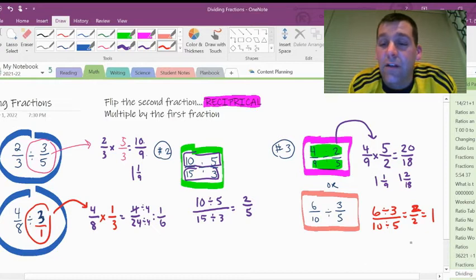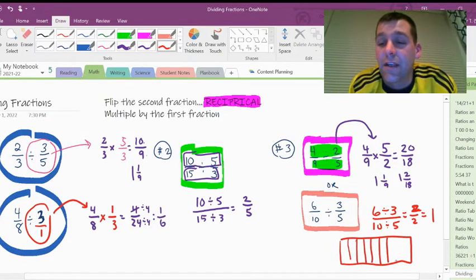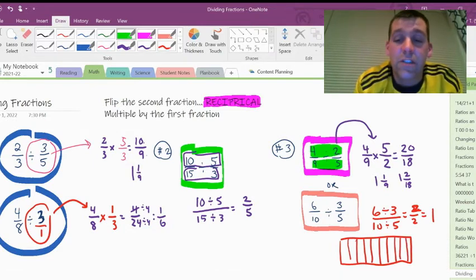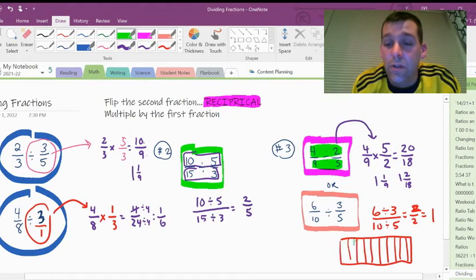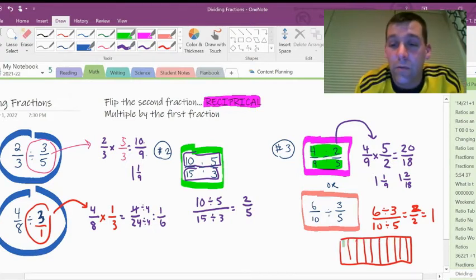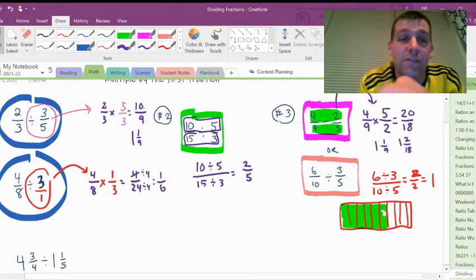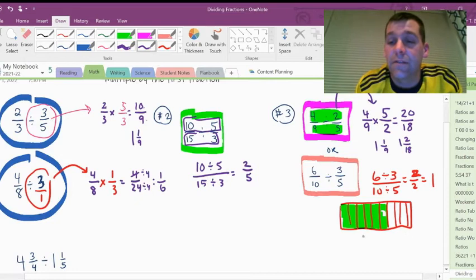Let's see here if we have our fraction we got. Here, let's go with, so it's 2, 3, 4, 5, 6, 7, 8, 9, 10. And if I went here and just went with 1, 2, 3, 4, 5, 6, 7. Oh, too far. Undo. 1, 2, 3, 4, 5, 6. Right? And I look at how many of these pieces fit in there. Right?